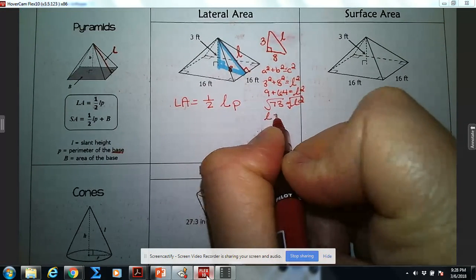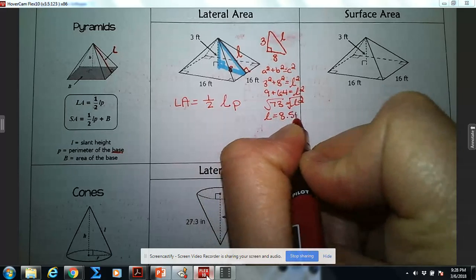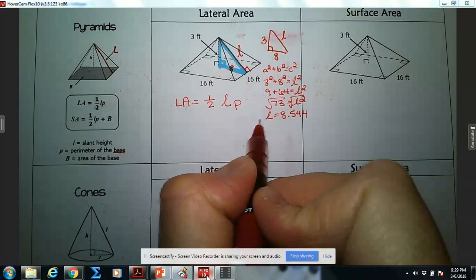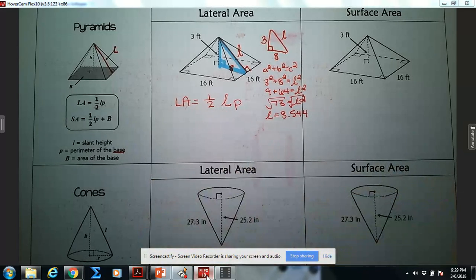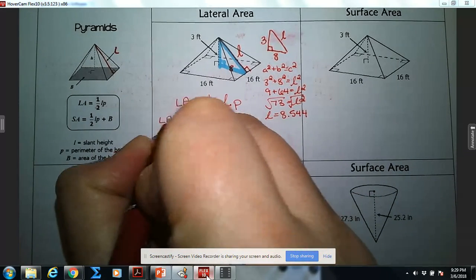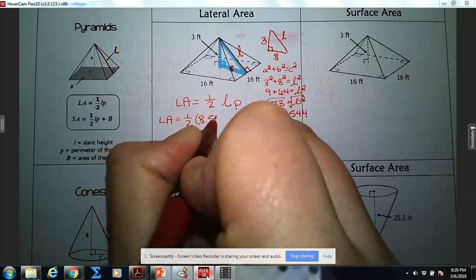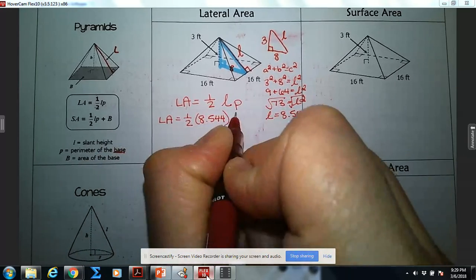So my slanted height is 8.544. And now I have what it takes to put that into the lateral area formula. Lateral area is equal to half of the slanted height, which is 8.544, times the perimeter.